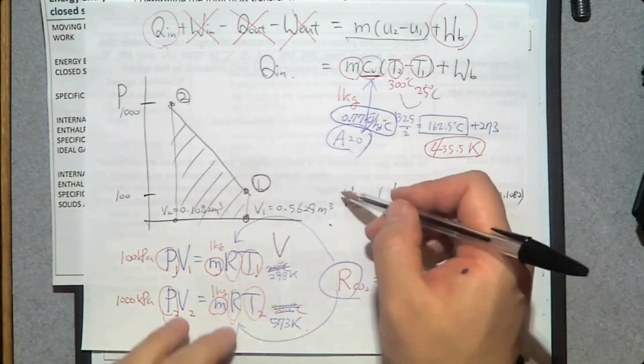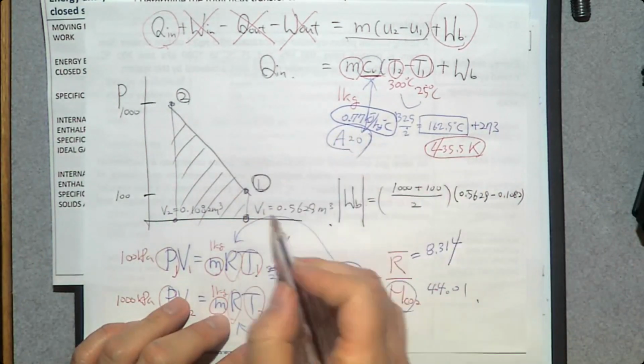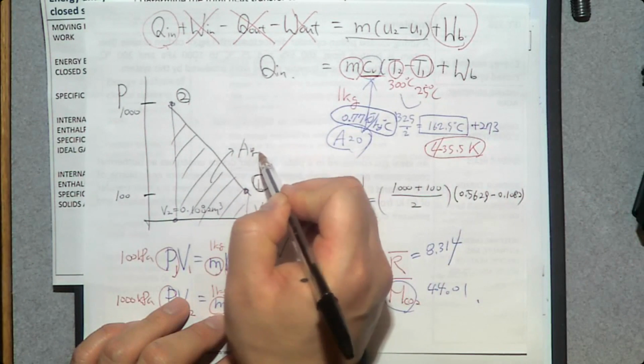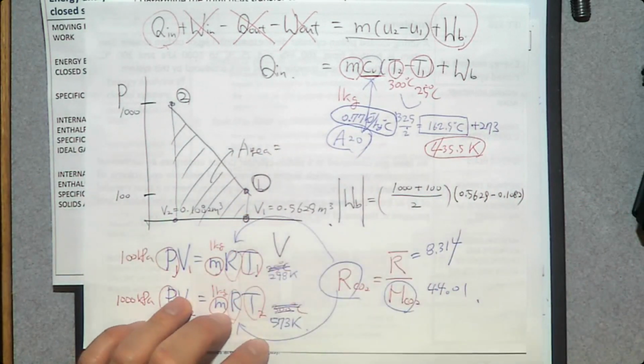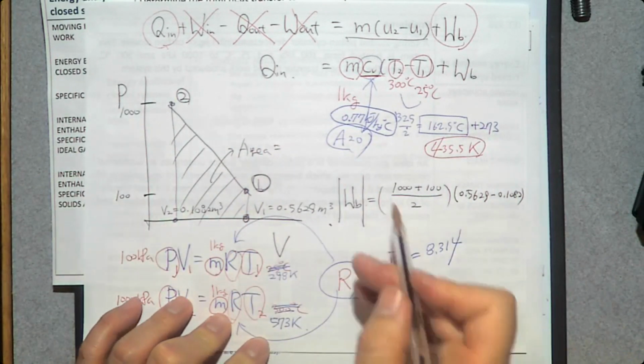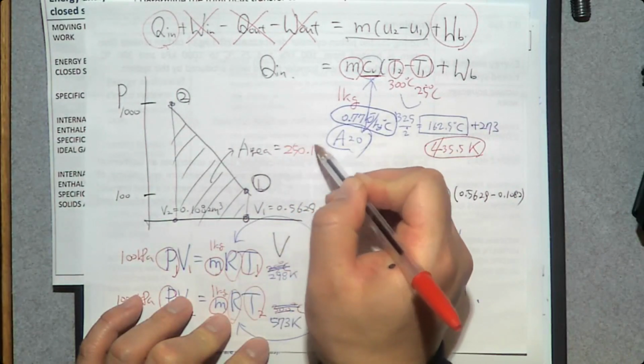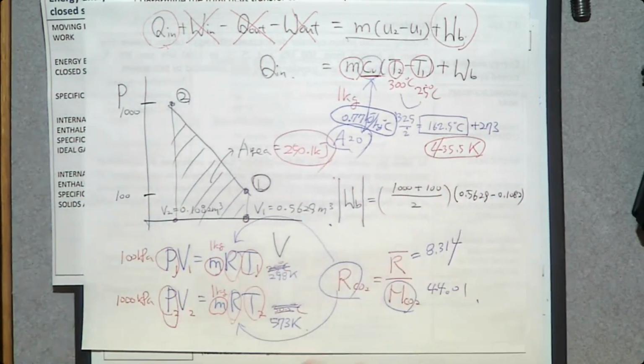The area, absolute value, is going to be 250.1 kilojoule. So that's the area.